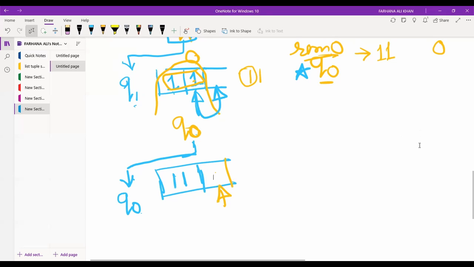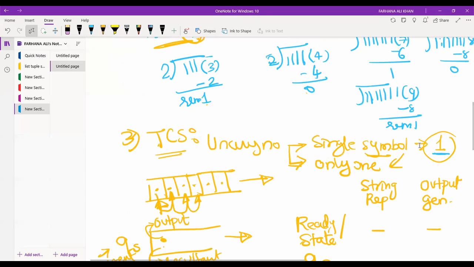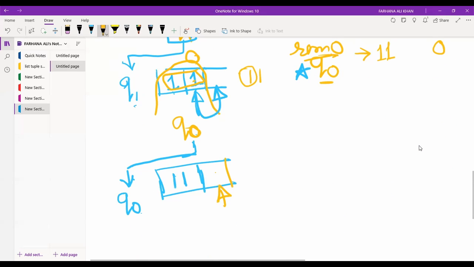What will be our next bit? As we are using the unary number system, it will be number 1. This number 1 will be added at the end of the previous bit. The previous bit was the string 2, and when 1 is added to it, it will become number 3.